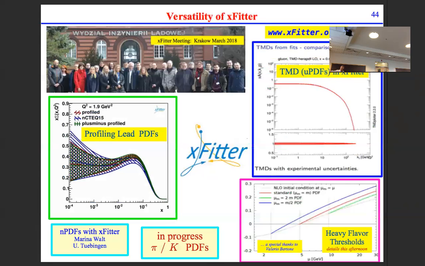There is an attempt, a Tübingen group is looking into extending this to multiple nuclear PDFs. That is in progress. Also fairly recently, it's been extended, and they have a student working on doing this for pion PDFs. So that's coming along.